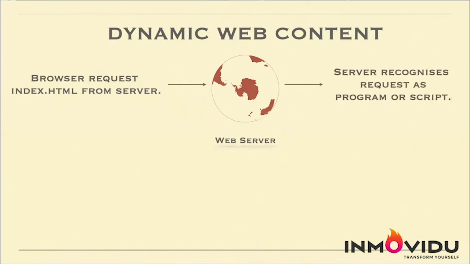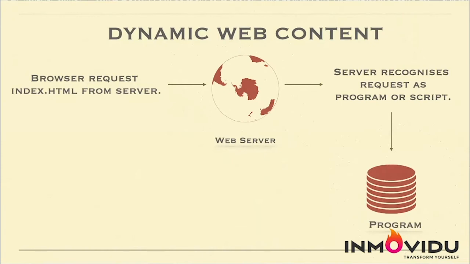The server will recognize the request as a program or script. This is the program or script which they will find. Dynamic web pages are those in which we use JavaScript for giving input in the web page, like registration and login.